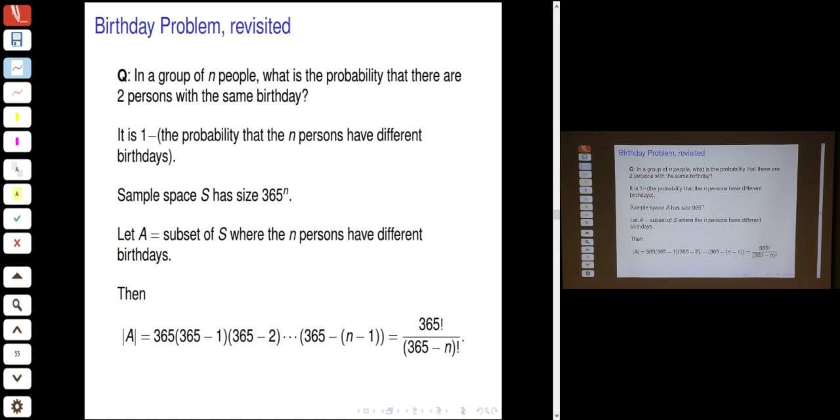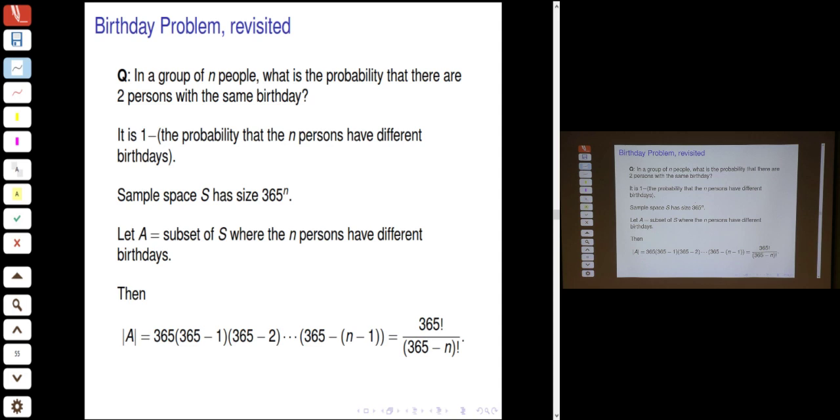Now we have n persons, so the product has n factors, from 365 all the way to 365 minus (n minus 1). You can write this using factorials: 365 factorial divided by (365 minus n) factorial.